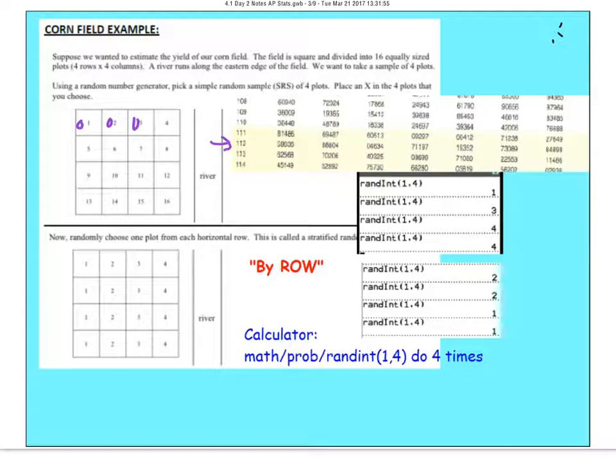And we want to pick 4 plots. So let's start using our table here. As we go through, it looks like 59, 63, 66, another 66, and then our first choice is right here. It's going to be 04. So our first plot is 4.